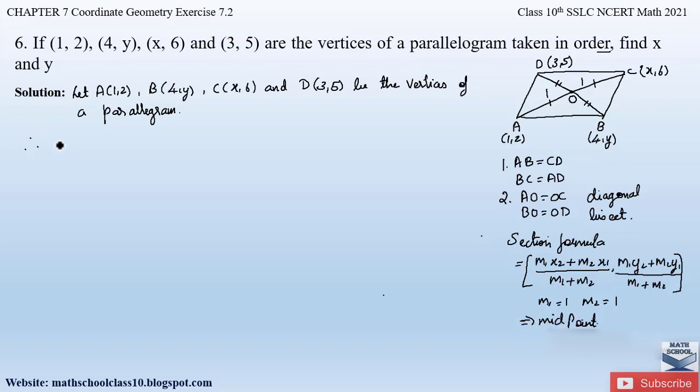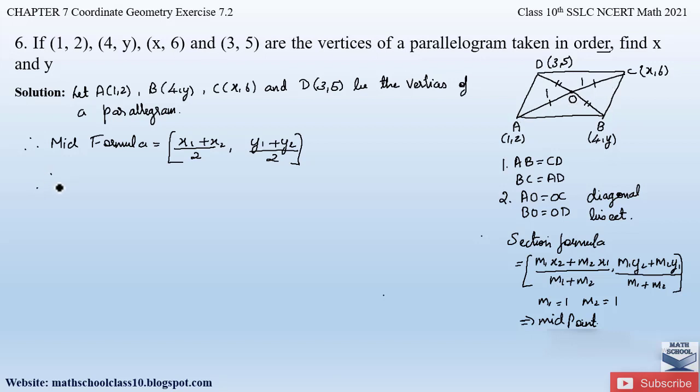So therefore, the midpoint formula is given by (x1 + x2) divided by 2, comma, (y1 + y2) divided by 2. Okay, so we will be using the midpoint formula here to find the coordinates of point O in diagonals AC and BD.